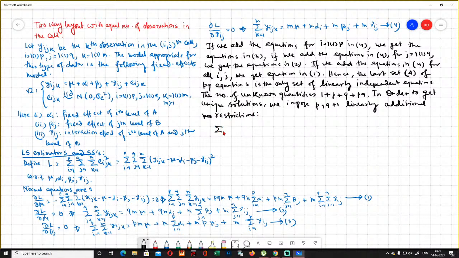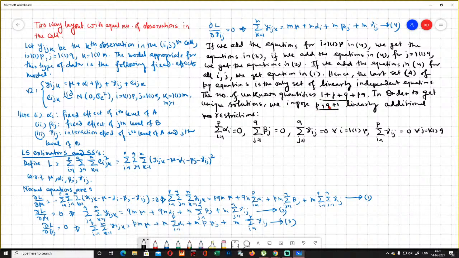That is, summation alpha i from 1 to p is 0, summation j from 1 to q beta j is 0, and summation gamma ij over j from 1 to q is 0 for all i from 1 to p, and summation over i from 1 to p of gamma ij is equal to 0 for all j from 1 to q.